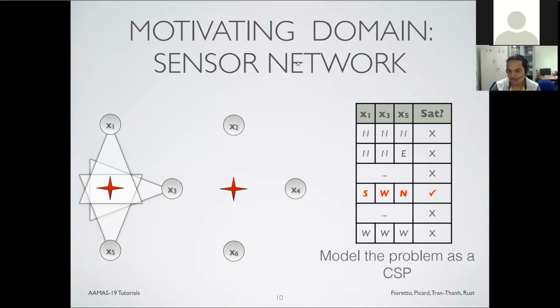Now you see, to capture this target, the combination is south for X1, for X3 it is west, for X5 it is north. If we use this combination for these 3 sensors X1, X3, X5, then my condition will be satisfied.